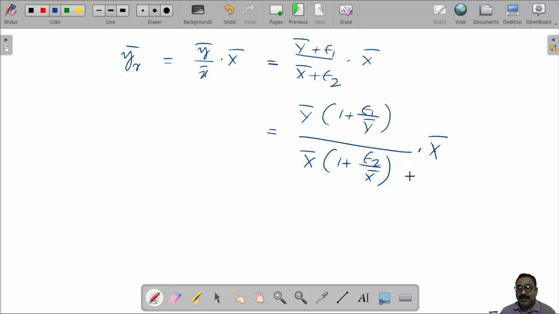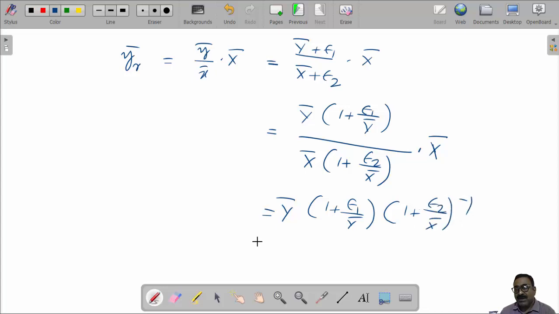So this will be equal to Ȳ into 1 plus epsilon 1 by Ȳ into 1 plus epsilon 2 by X̄ inverse.